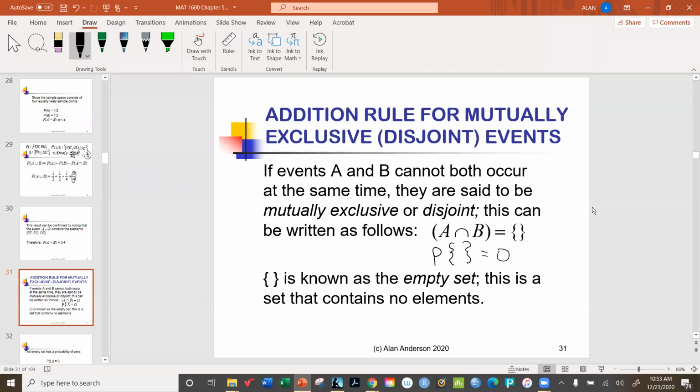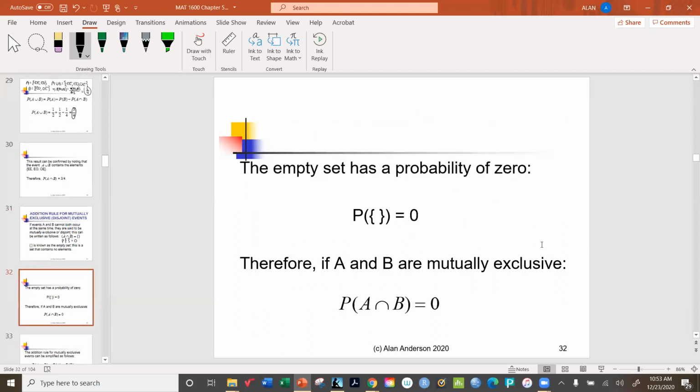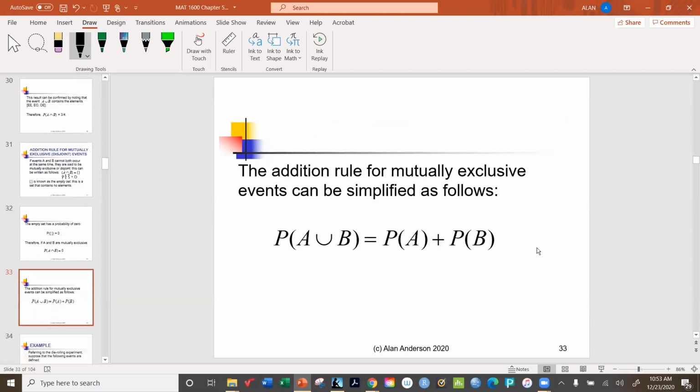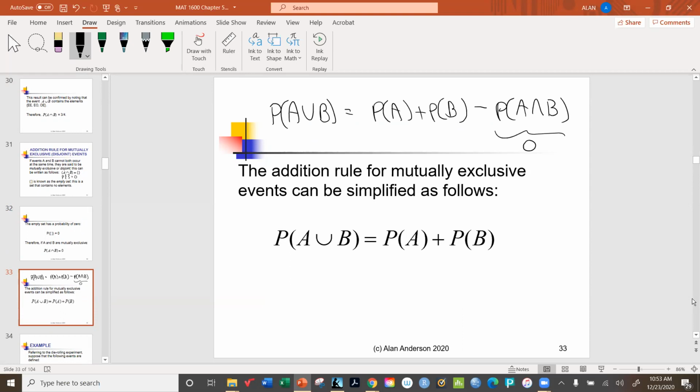Well, if that's the case, if you look at your addition rule, look what happens. In other words, remember before, this is now 0, so we don't have to bother with it. This is called the simplified addition rule.